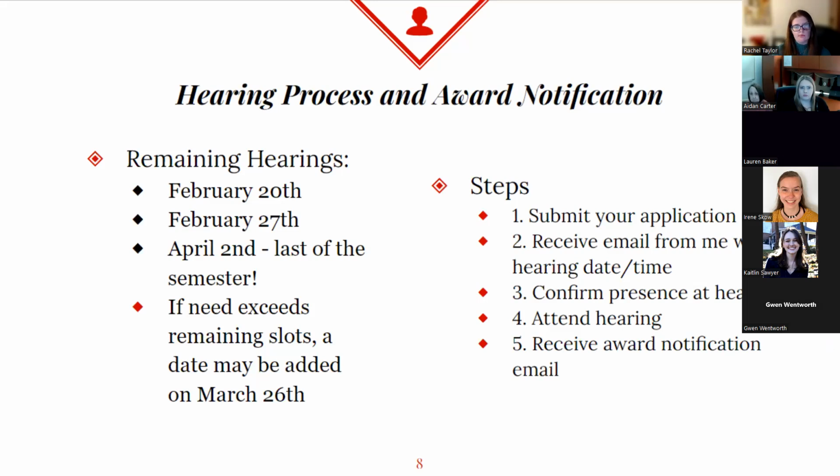So you will submit your application and then receive an email from Gabby with your hearing date and your time. Then you will confirm that you can attend. You will give about a 5-minute presentation telling us what your club does, the mission, how it benefits UGA students, and what you're planning on using the money for. Then we'll have 5 minutes for the committee to ask questions.